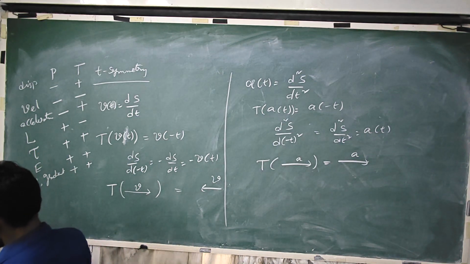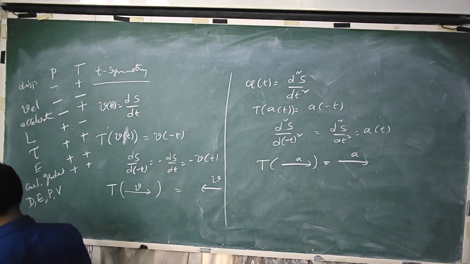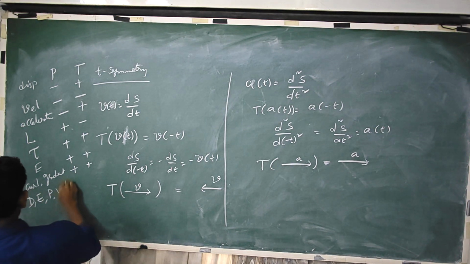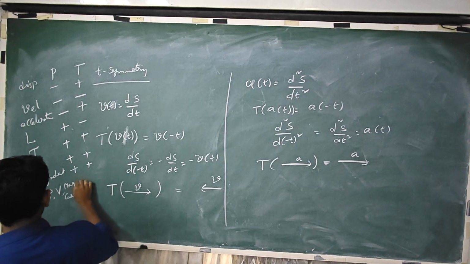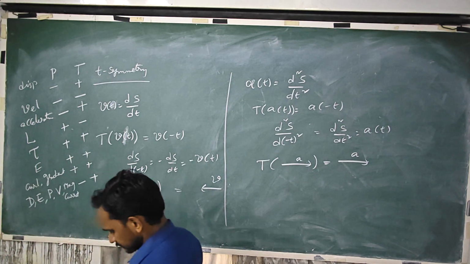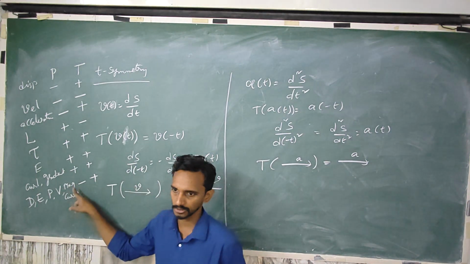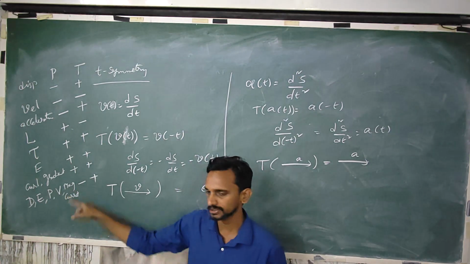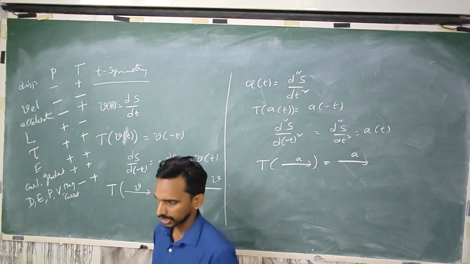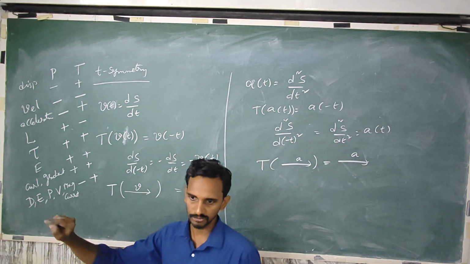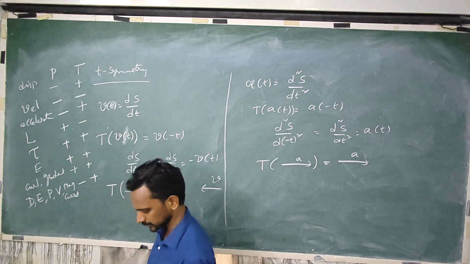And electric field vectors, D, E, P, potential, magnetic current, all are parity negative. Electric field vectors are parity negative because the field or force directions are along the direction of the vector. Electric field is directed along the direction of force. So they are parity negative, T symmetry positive.